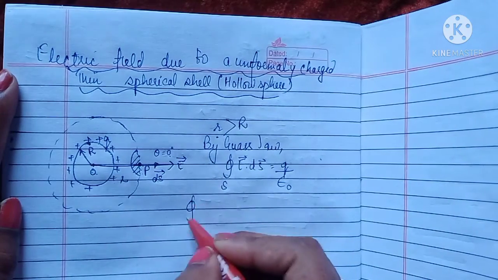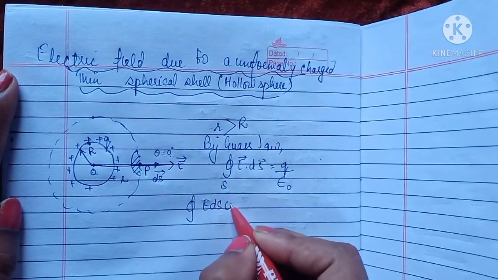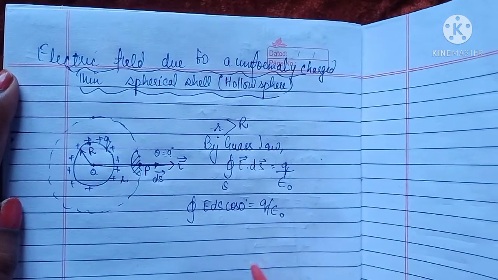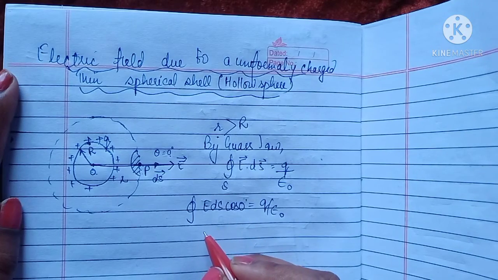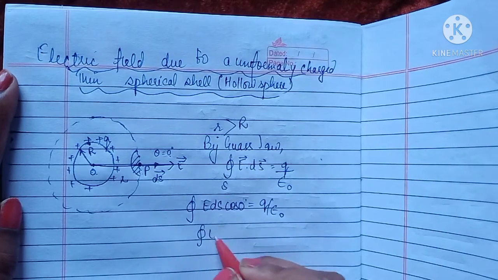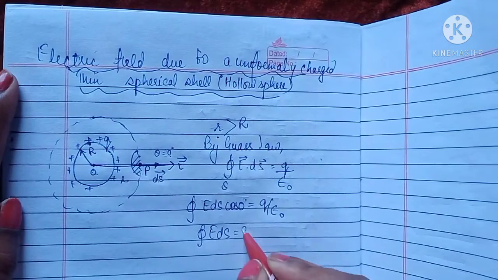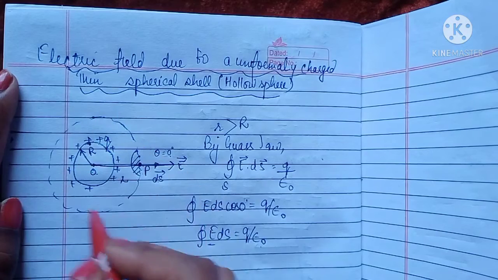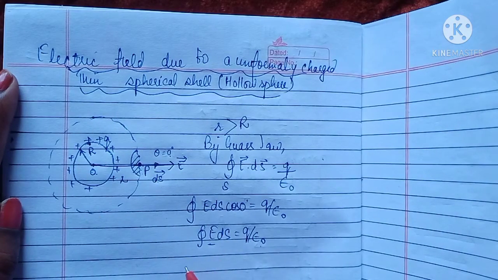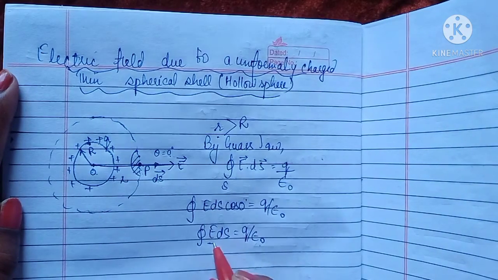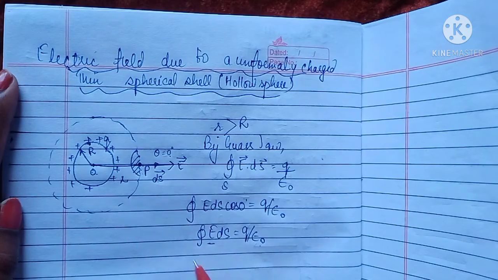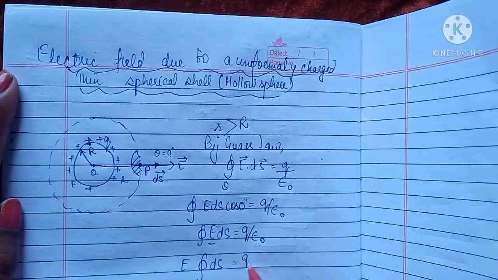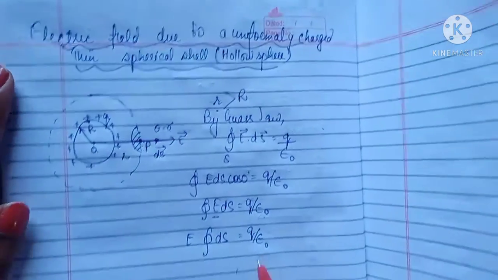So we write E dS cos 0 degree equals q over epsilon naught. Cos 0 is 1, so the final expression is the integral of E dS equals q over epsilon naught. Because it is a Gaussian surface, the magnitude of the electric field is constant, so it is always taken out of the integration. So we have E times the integral of dS equals q over epsilon naught.